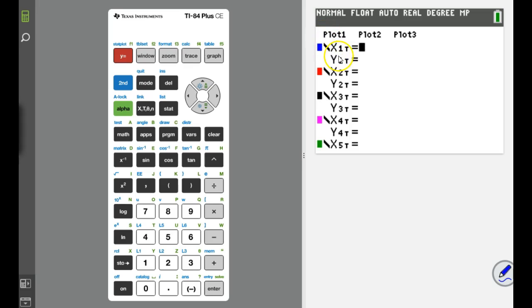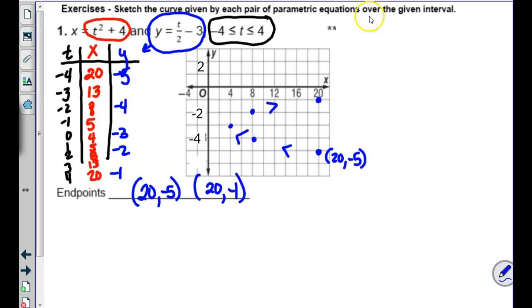Okay, now, do you see that it's got this weirdness? It says equation X1 in terms of T, Y1 in terms of T, and then it goes on to the next one, X2, X3, X4. For the problem that we're doing, for the X, we put in T squared plus 4. Everybody good? X equals T squared plus 4.